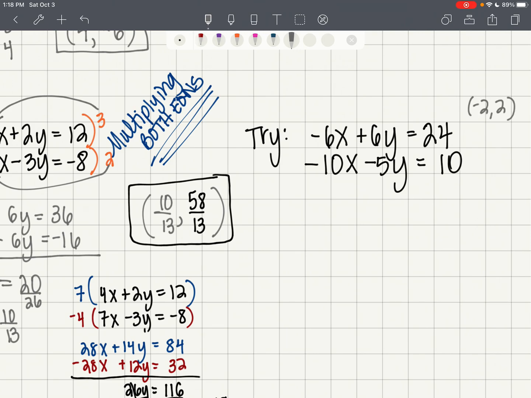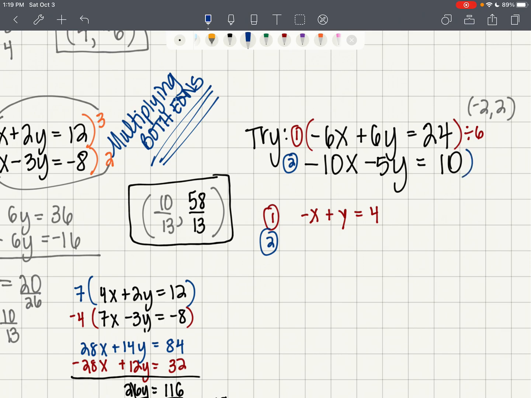So if you got that, fantastic. But let's see if you got it the way I got it. Now what I noticed about this first equation is that all of the coefficients and the constant are divisible by 6. So that gives me an equation, negative x plus y equals 4. And then I noticed the second equation was all divisible by 5.